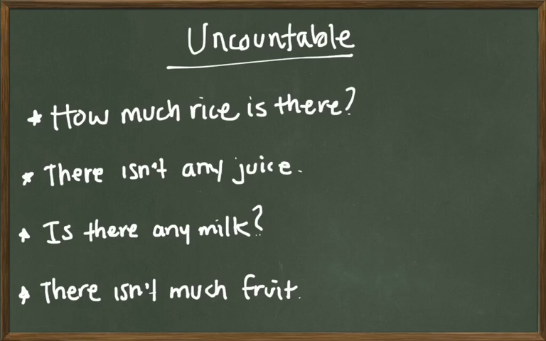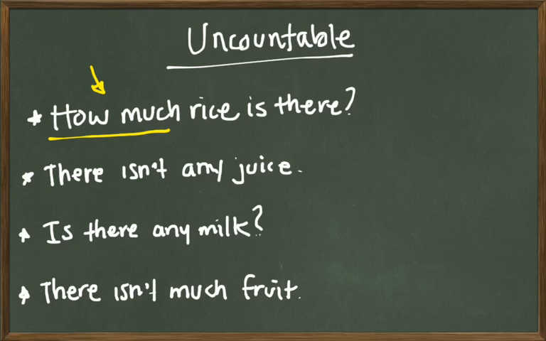Now, for uncountable nouns, we have 4 examples too. The first one, how much rice is there? We have our expression, and here we're asking for the quantity of rice in the refrigerator, in the house, in the warehouse. We don't know.